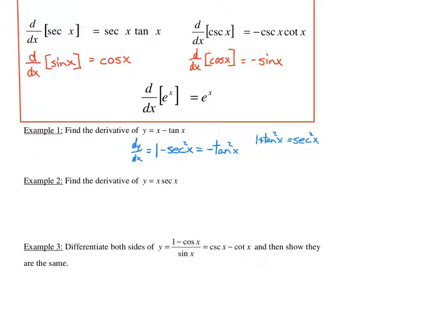Okay, so then we have the derivative of y equals x times secant. So what are we going to have to use here? Product rule, okay? So the f prime here is 1. The g prime here is, what's the derivative of secant? Secant x times tangent x, yep.